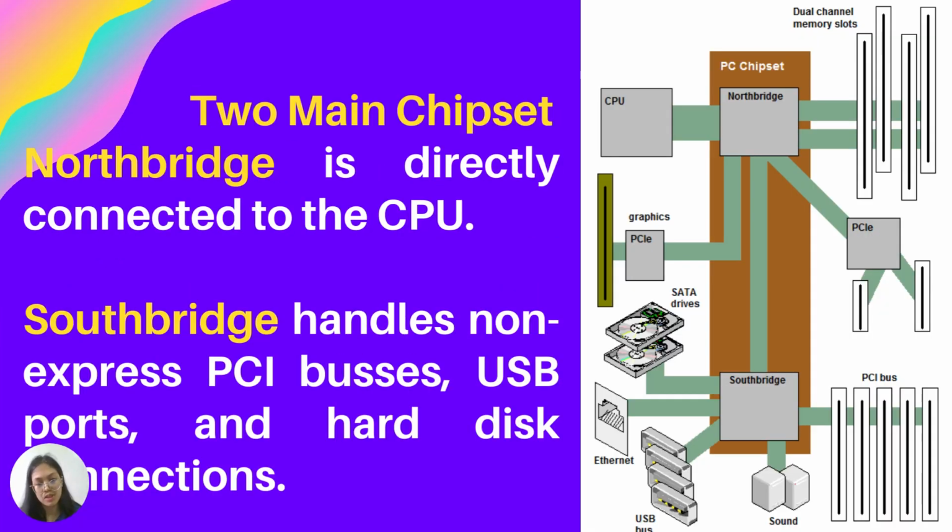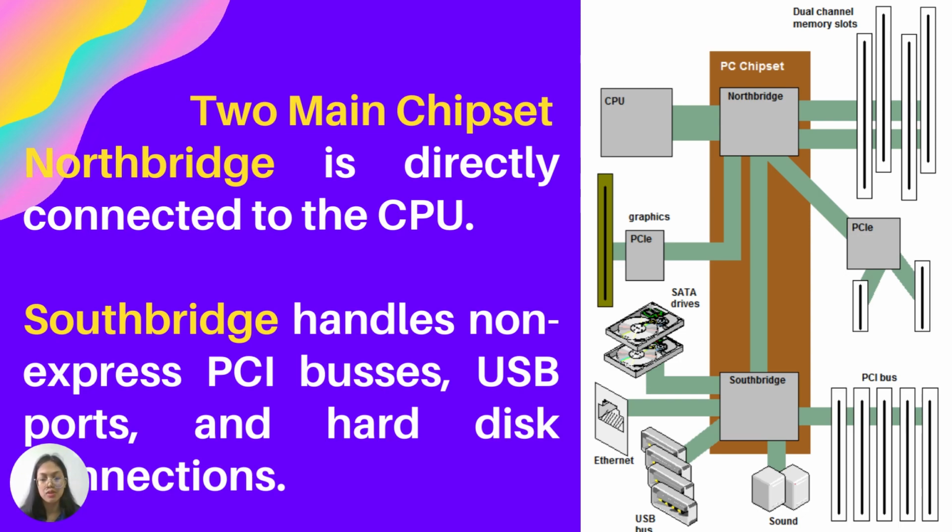As an example of chipset, meron tayo yung two main chipsets, the North Bridge and the South Bridge. North Bridge is directly connected to the CPU, allowing for faster transmission between it and ports that require faster speeds.